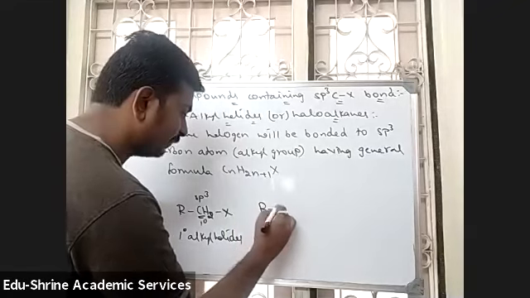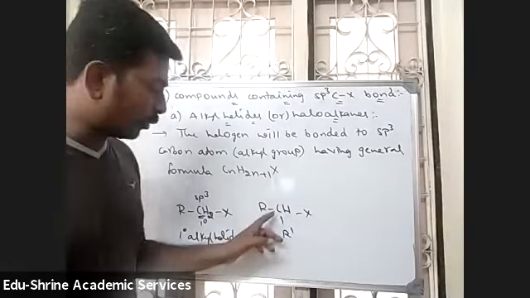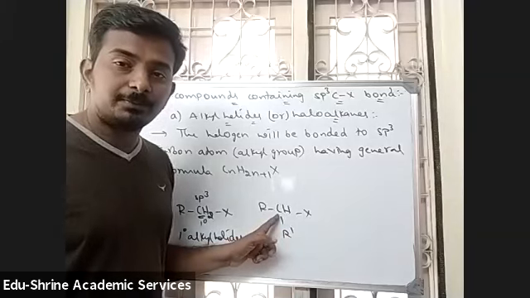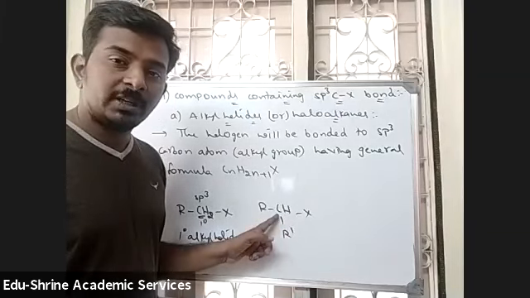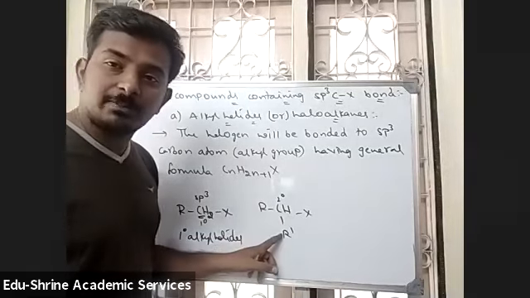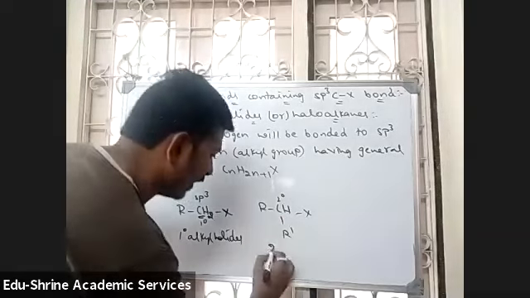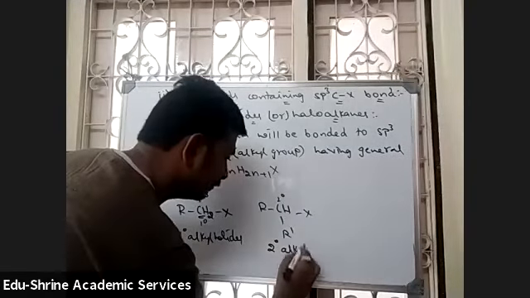Now, for example, take this compound. What is the degree of this carbon atom, students? Secondary, because this carbon is bonded to two other carbon atoms. As the halogen is bonded to a secondary carbon atom, it is called a secondary alkyl halide.